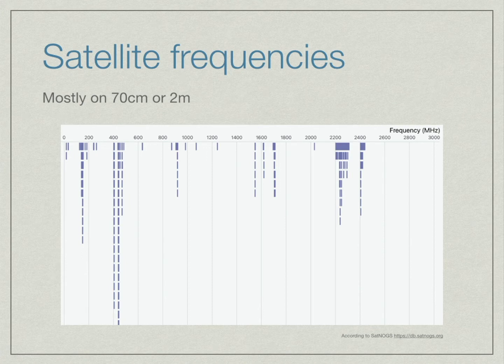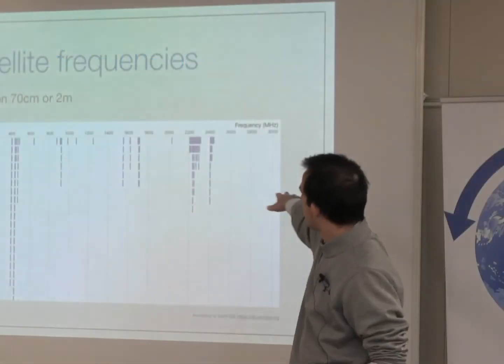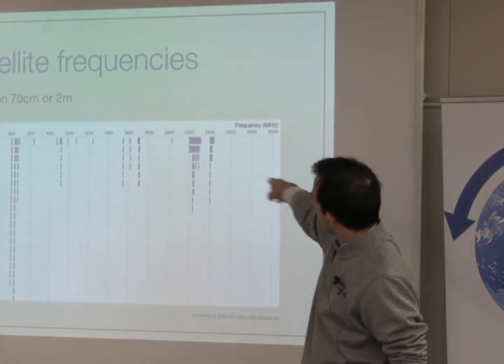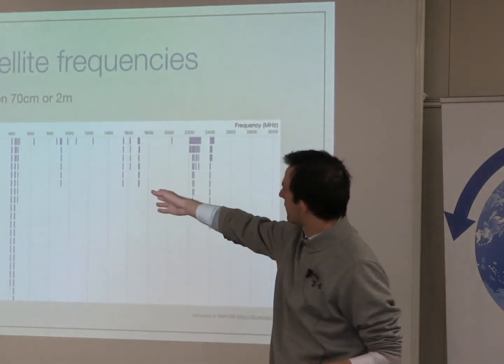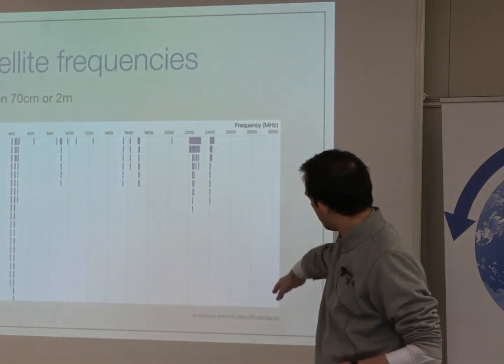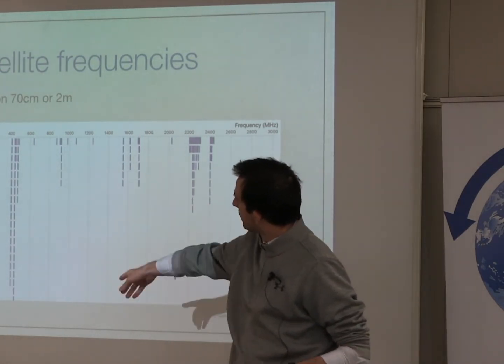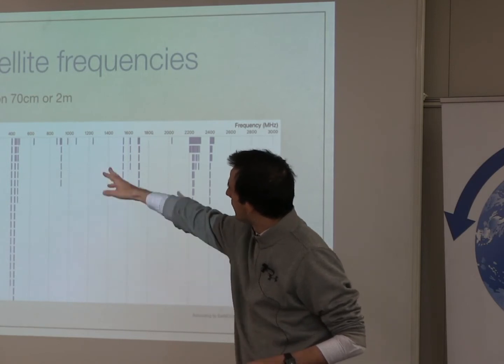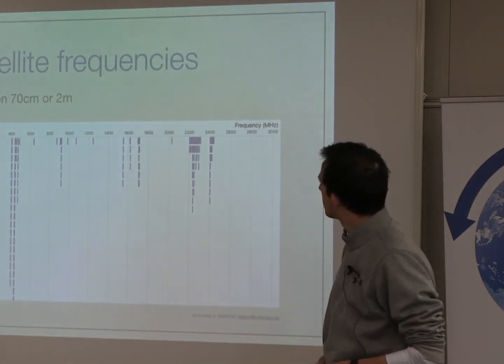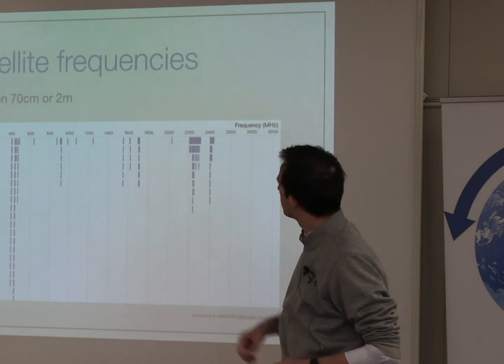The other idea I had is to get a different frequency. This is a graph showing how many satellites are on which frequency, based on the SatNOGS data. Most of the satellites transmit on 70 centimeters, some of them on 2 meters, a little bit on S-band and L-band.